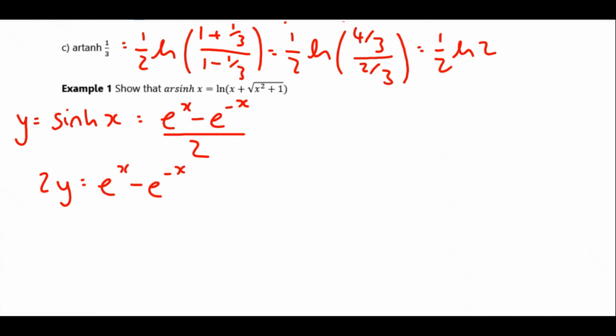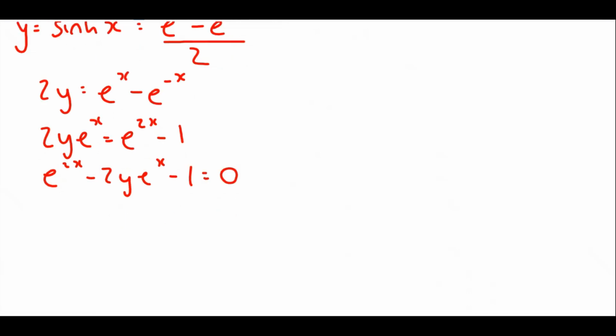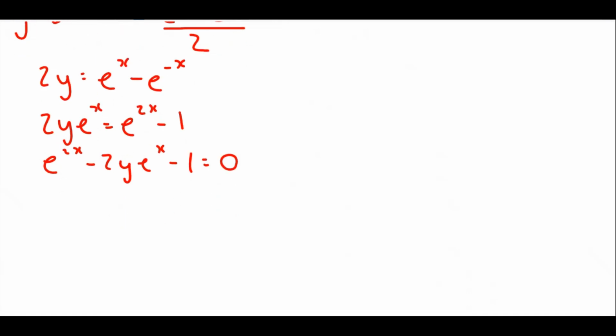That gives me this. And then I recognize this is kind of a disguised quadratic in e to the x. So if I times everything through by e to the x, which gets rid of the e to the minus x power, and get it all on one side, this is a disguised quadratic in e to the x. To make e to the x the subject, I want to complete the square. So I'm going to complete the square on this.